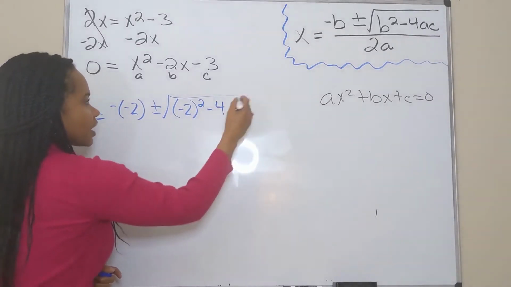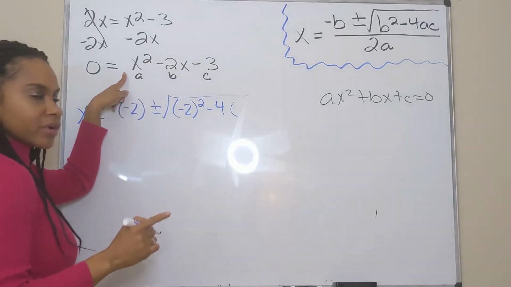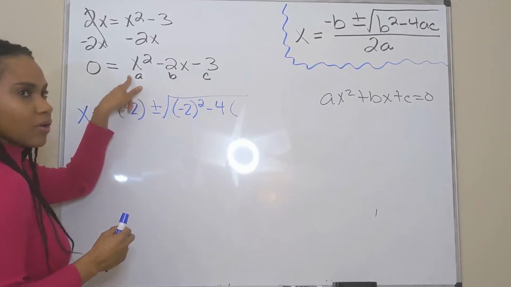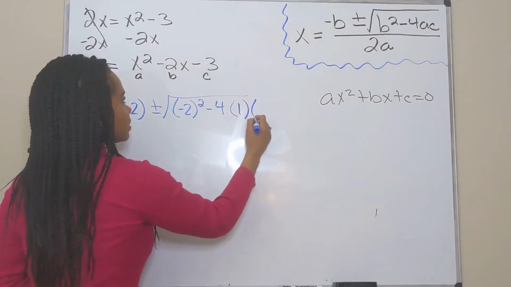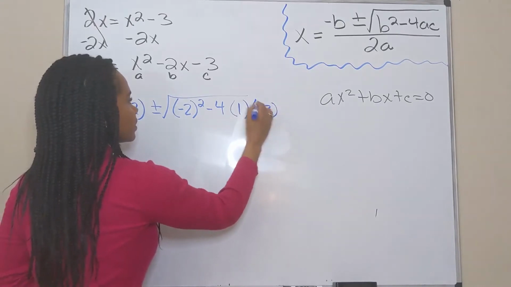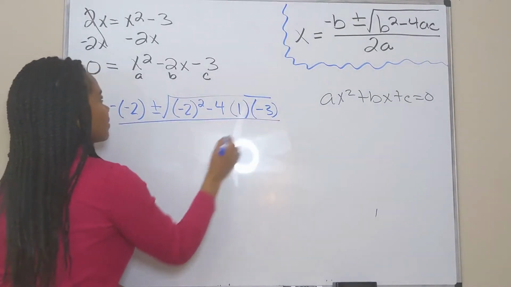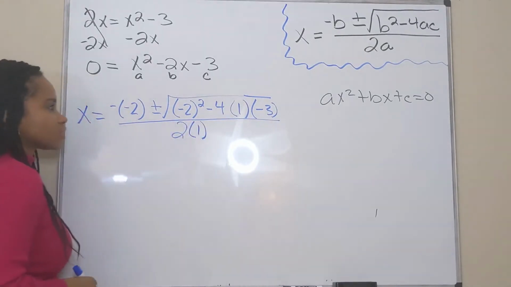Minus 4 times A. Now A, remember, when you don't see a number in front of your variable, that is an understood 1. So my coefficient here is 1. And C is negative 3. So don't forget your signs there. All over 2 times A is 1.